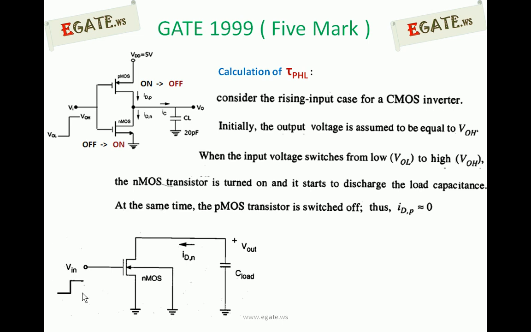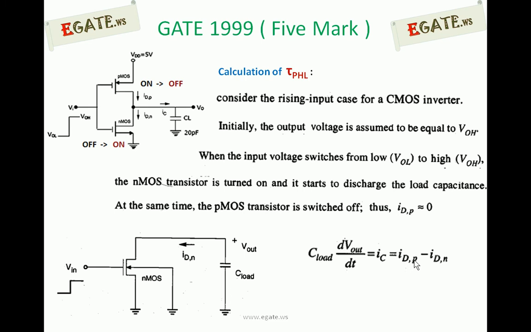This is the equivalent circuit during the transition at the input side from VOL to VOH. Only the NMOS transistor is under consideration, and this is the load capacitor. This load capacitor was previously at VOH, and now it is going to discharge through this NMOS. So the capacitor current equation is IC equal to C load into dV out by dt.